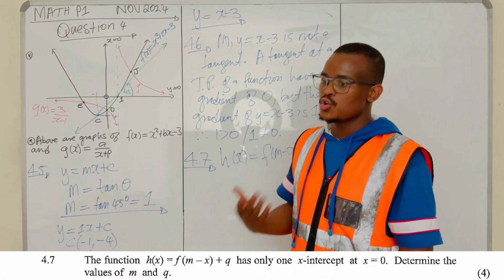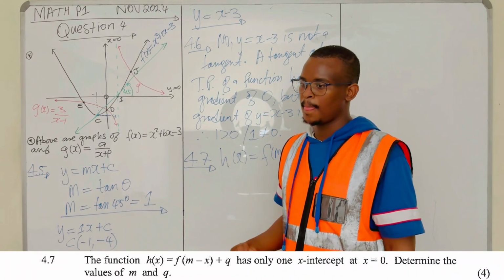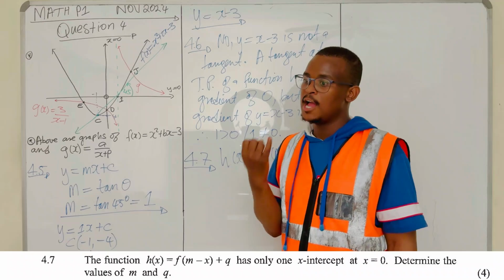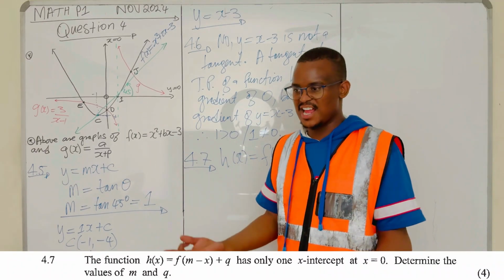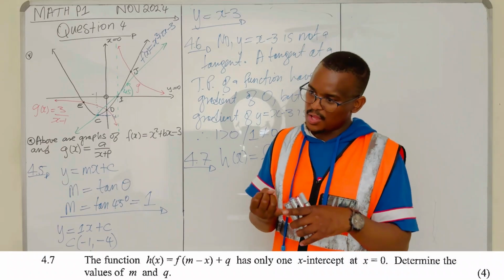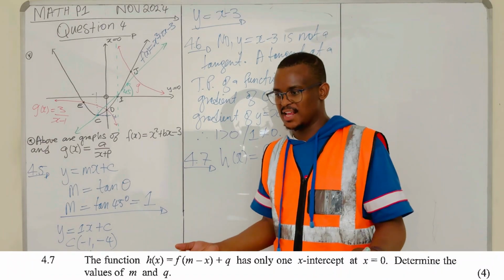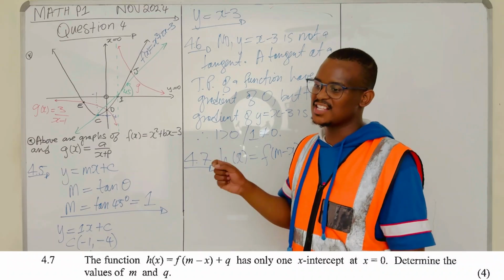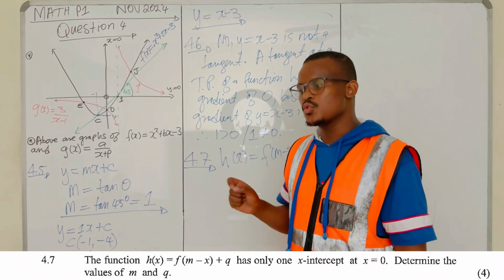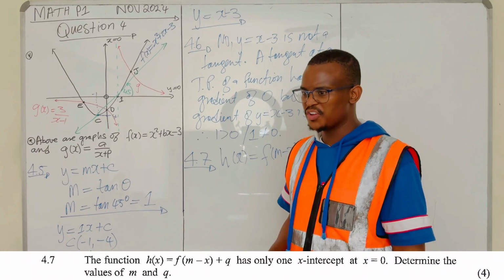The roots of a quadratic function can be equal, unequal, or non-real. So in this case, having only one x-intercept at x equal to 0 means your roots are equal.